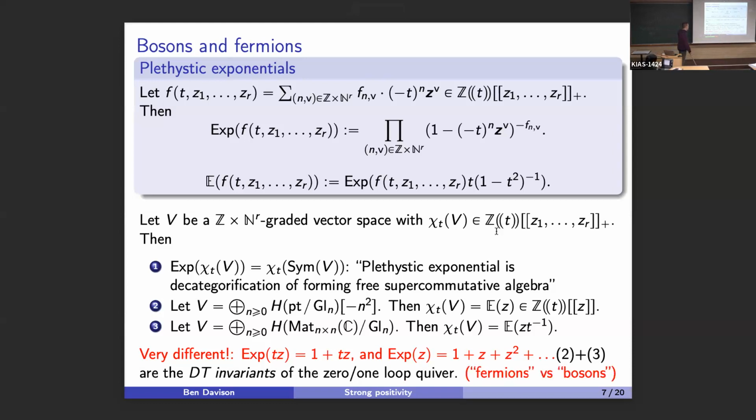But the connection with DT invariants is that these two calculations are the calculations of the DT invariants of the 0 and the 1 loop quiver. I'll come to it later, but a representation of a quiver is just a vector space for every vertex and a linear map for every arrow.